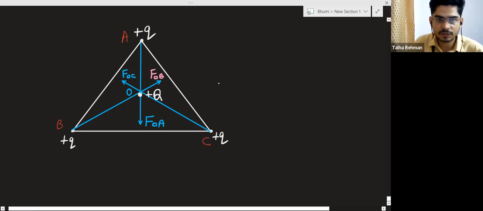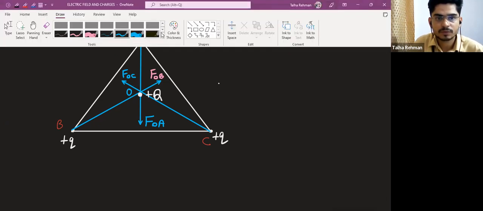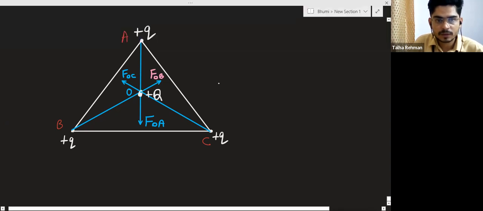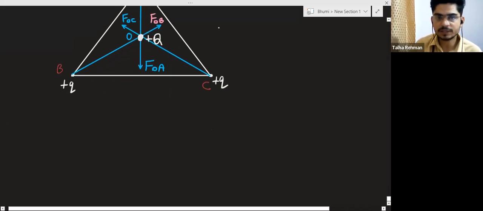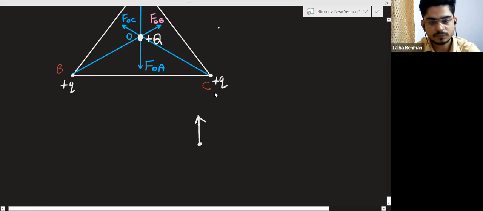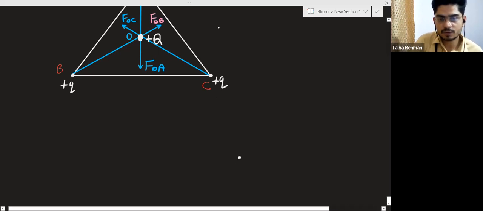So here you can see now. This is the point, and these are the three vectors at point O. So we have to calculate the resultant force at point O. We have this point O, and one vector is in this direction.